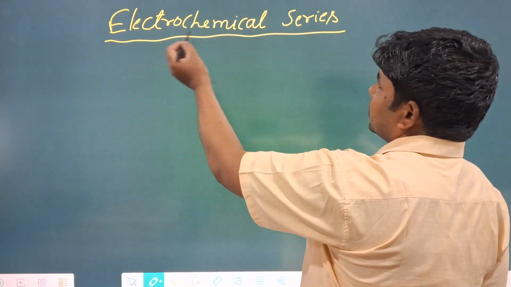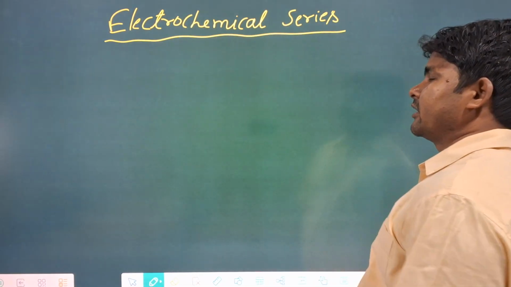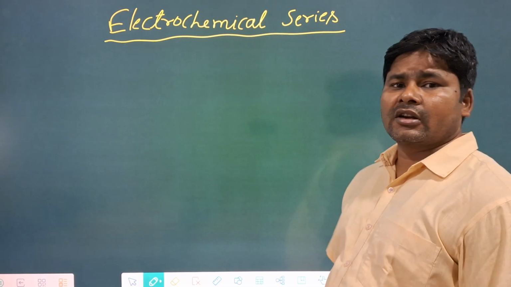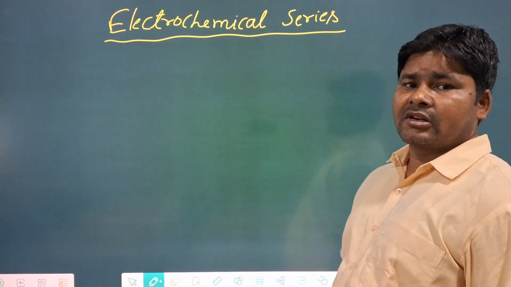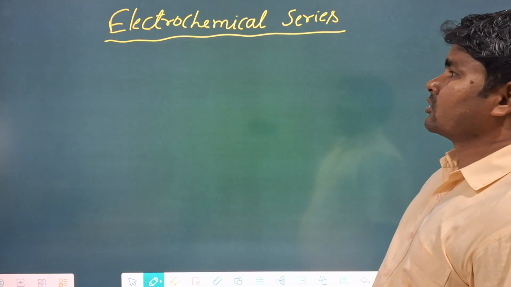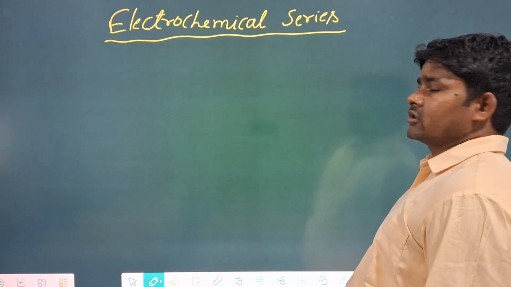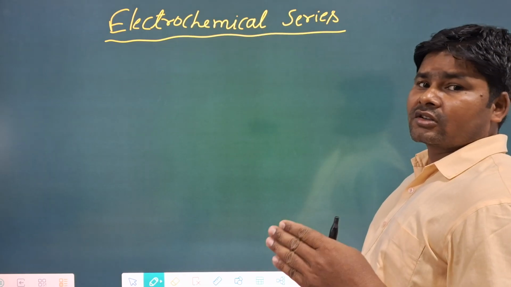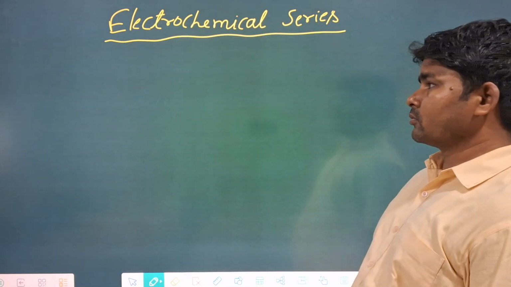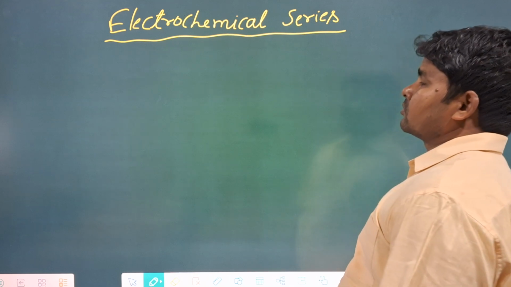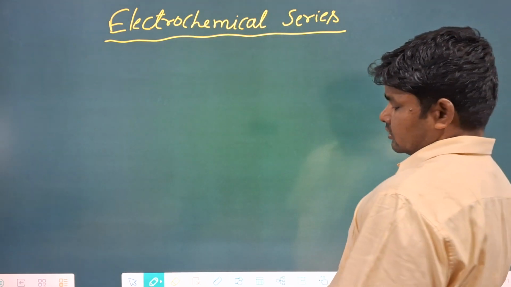Then the electrochemical series can be defined as: after the arrangement of different metals, non-metals and radicals with the help of standard reduction potential in the order of increasing reduction potential or decreasing reduction potential, the series obtained is known as the electrochemical series.